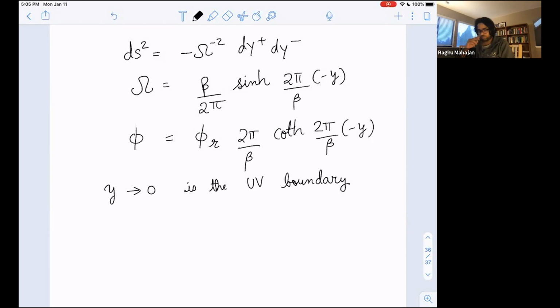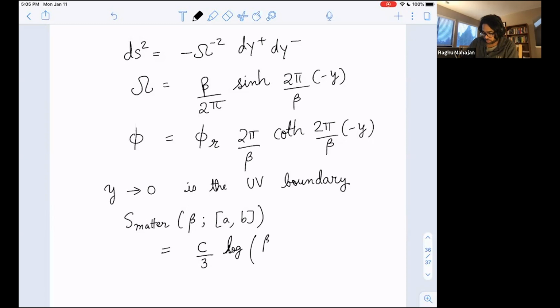Okay, so with this, we needed one more result, which is S matter in the thermal state, as a function of beta and in the interval A to B, which we computed last time, and which was equal to c over 3 log of beta over pi times sinh of (B minus A) times pi over beta.